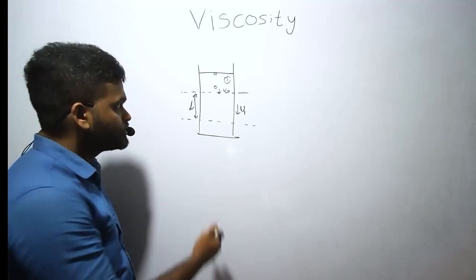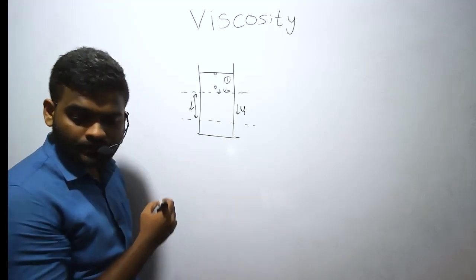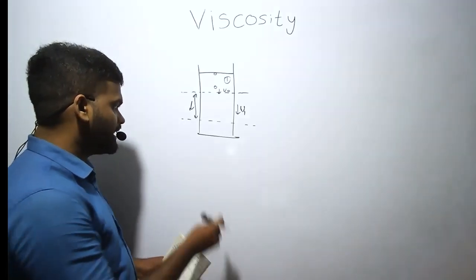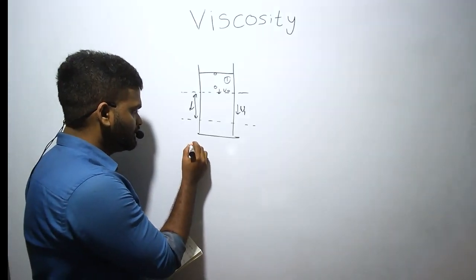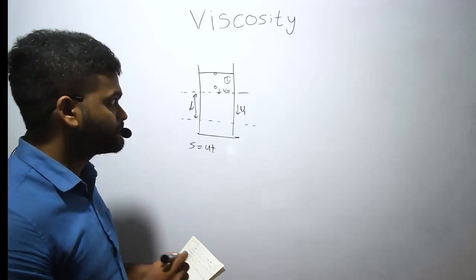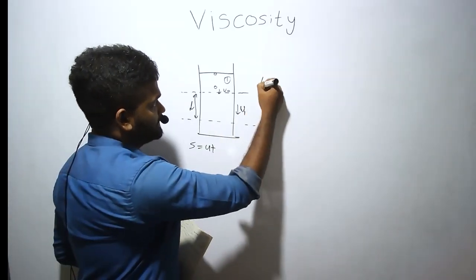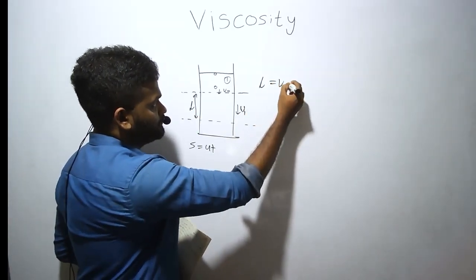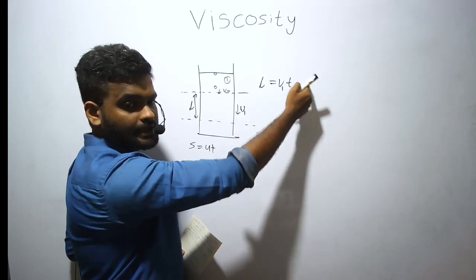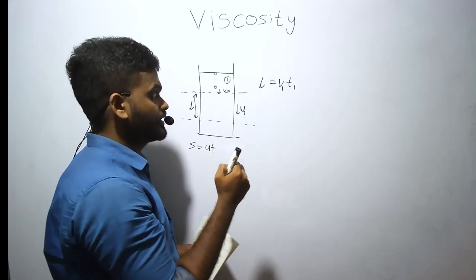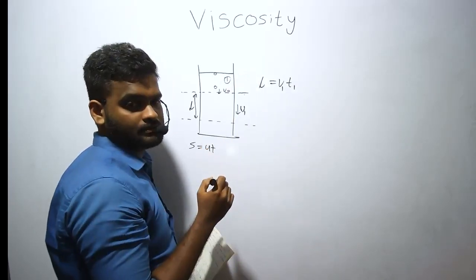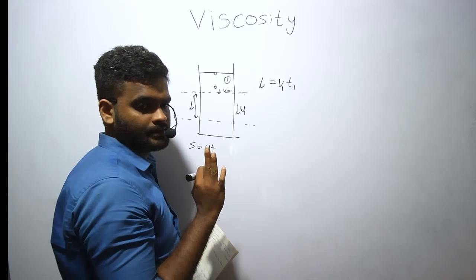So for constant velocity you can apply S equals ut. Let's apply that. L equals V1 times the time you have to measure. T1 is the time. So for this one, L equals V1 T1. Got it?